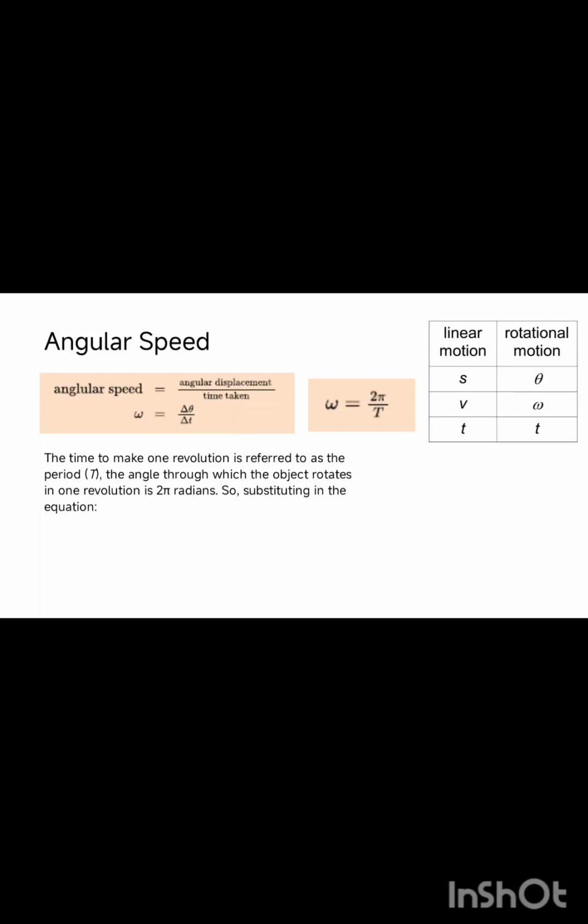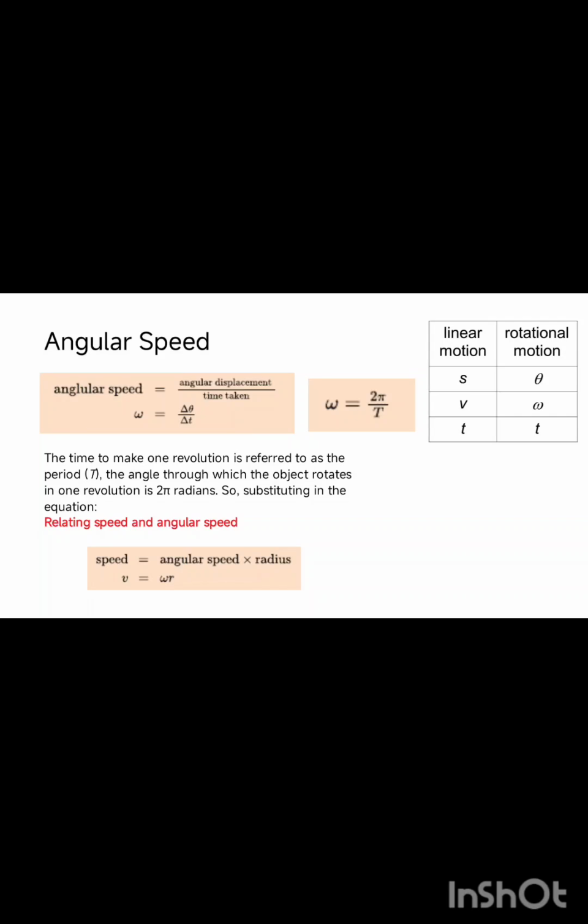Substituting in the equation, for a complete circle, instead of angular displacement theta we substitute 2 pi radians, and instead of delta t we use the time period capital T. So we get the equation omega equals 2 pi over T. Looking at the relation between speed and angular speed: speed is given by v, angular speed by omega, and radius by r.